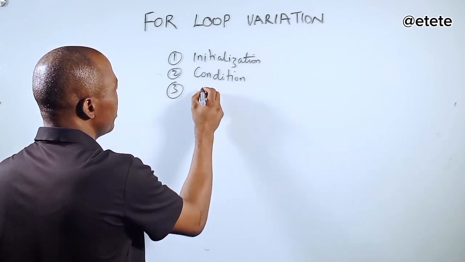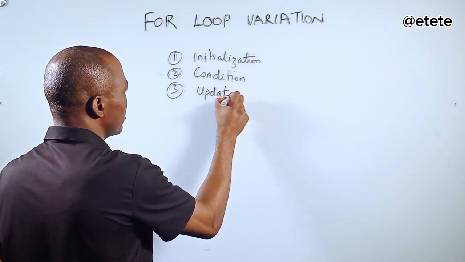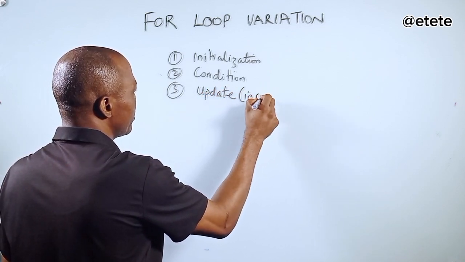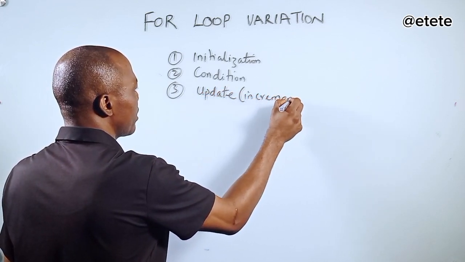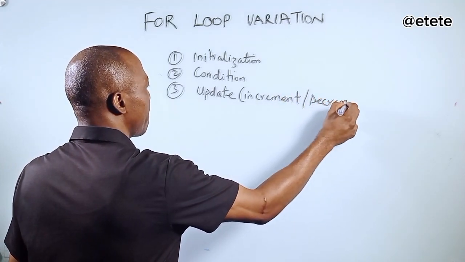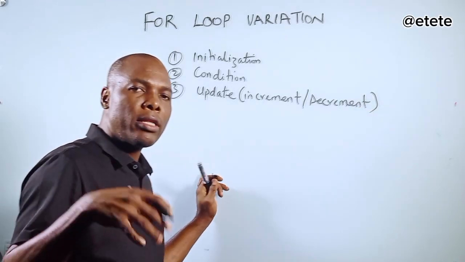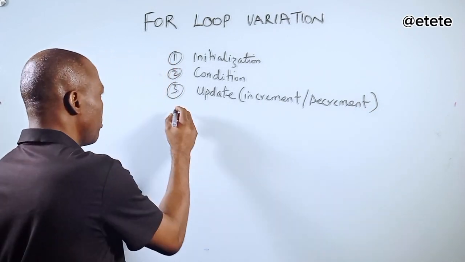Then three, you have the update, which is what? Increment or decrement. Then there is another part, which is what? The body of the loop, right?